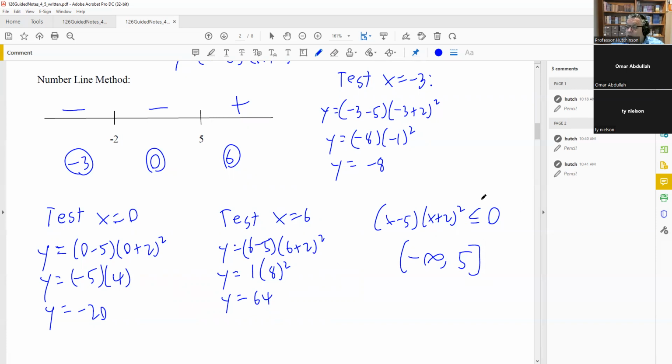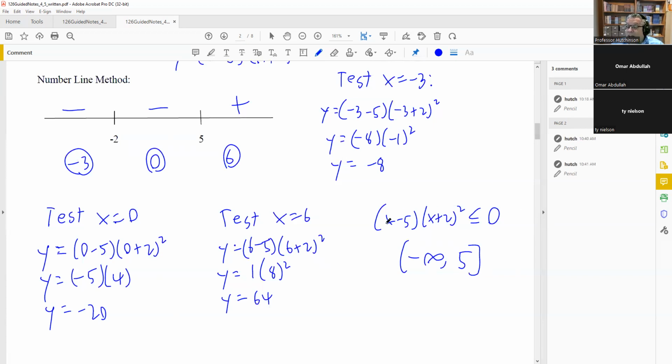Notice how different this is from the one I did before. The one I did earlier had less than 0. Less than 0 means you have to include the negatives, but -2 was not able to be included there. However, if you have less than or equal to 0, now the -2 can be included, because if I put -2 into here, I'll get a 0, and that will make this equation correct.